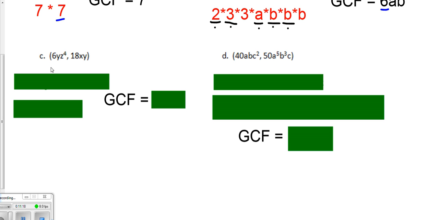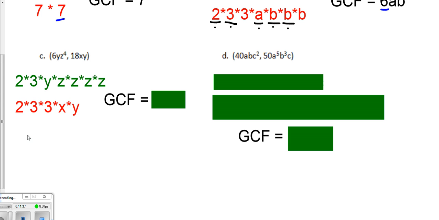So let's try example C together. This first monomial becomes 6yz to the 4th. 6 is 2 times 3. Y is just y. Z to the 4th is z times z times z times z. 18xy would be 2 times 3 is 6, times 3 is 18, times x times y.